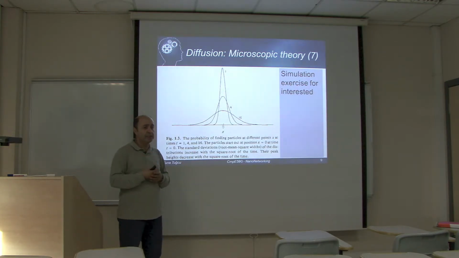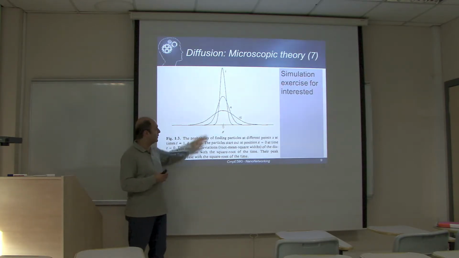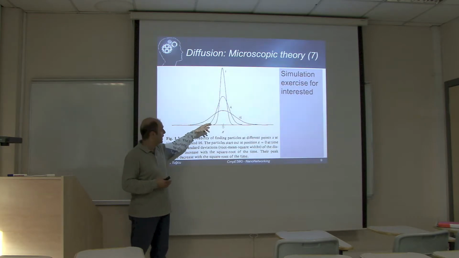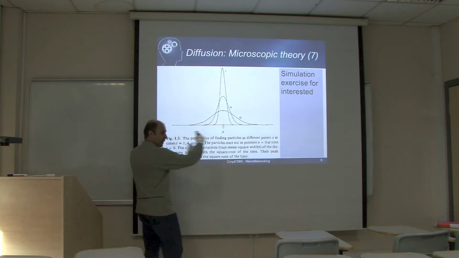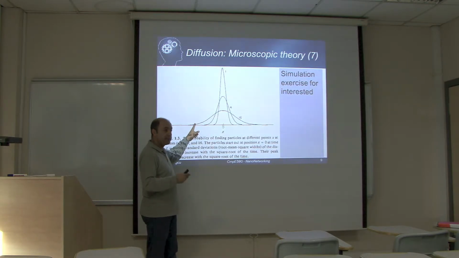Okay? If you run this experiment millions of times and display the ratio or the probability of seeing the object at any specific point, you will end up with this. As the time increases, you can see that it is spreading, which means the probability of seeing this molecule somewhere here becomes now possible, but not very likely.